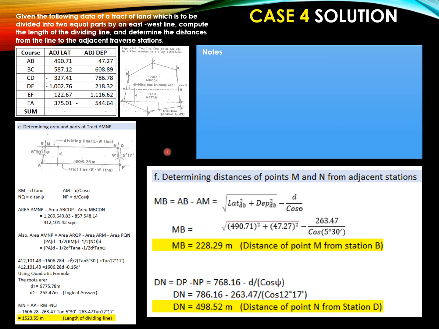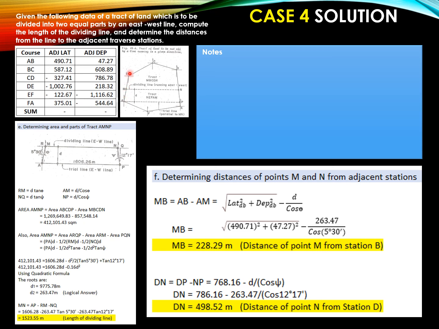So, next one, determining distances of points M and N for adjacent stations. MB is equal to AB minus AM. So, pag nalilito kayo sa formula, balik lang kayo sa original figure para hindi kayo mahirapan. So, si MB equal siya sa AB, pag nag-minus ka ng AM.